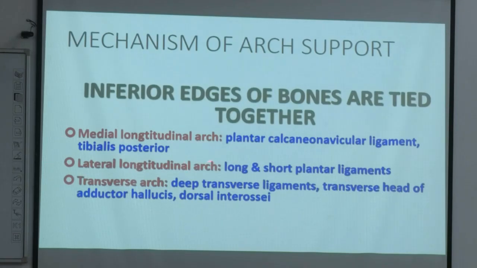For the medial longitudinal arch, plantar calcaneonavicular ligament and tibialis posterior. For the lateral longitudinal arch, long and short plantar ligaments. And for the transverse arch, deep transverse ligaments, transverse head of adductor hallucis and dorsal interossei. All these structures are acting as the staples.